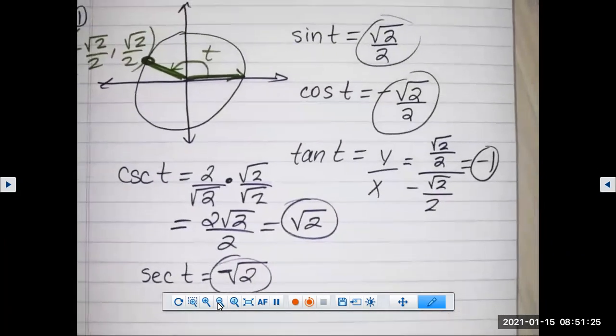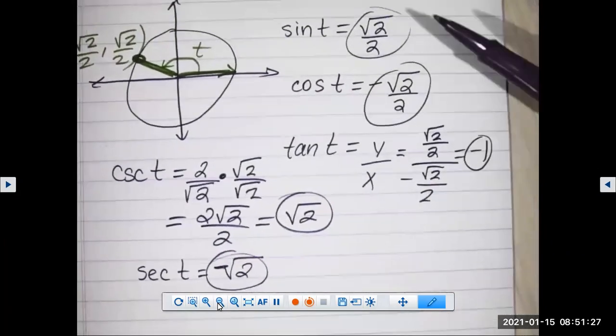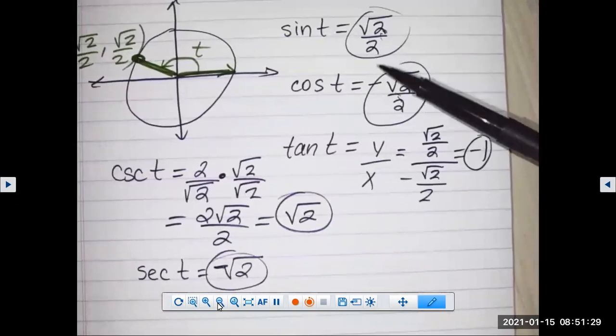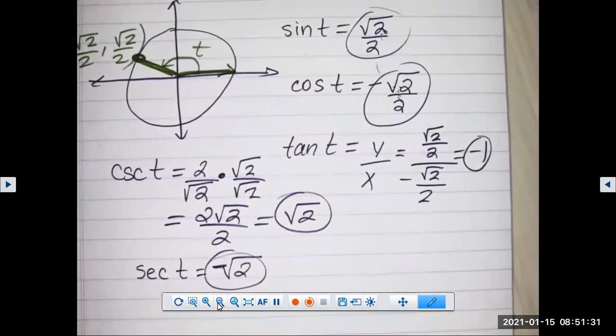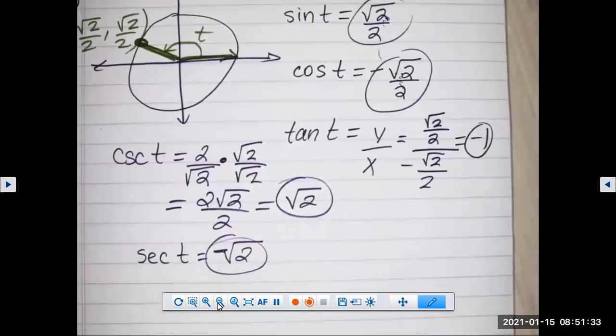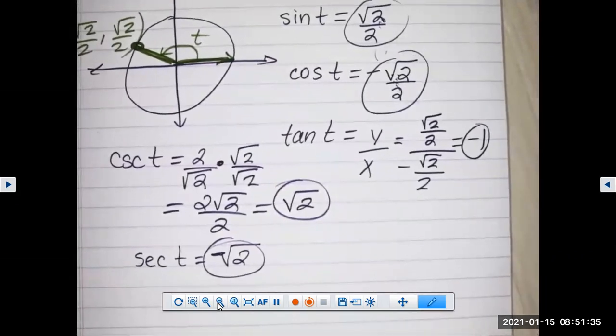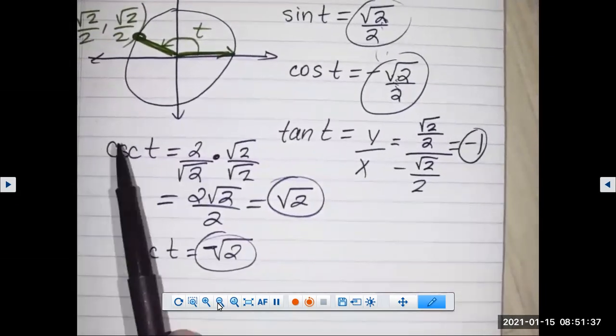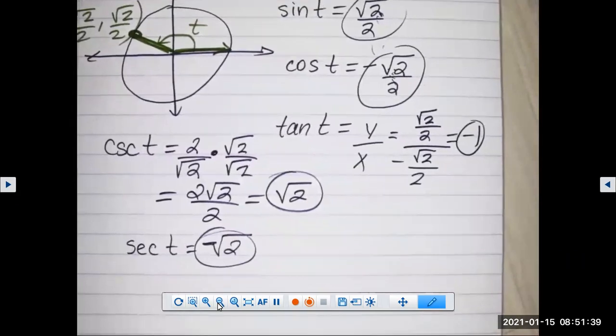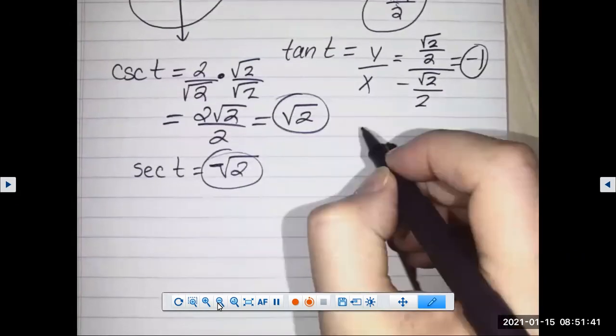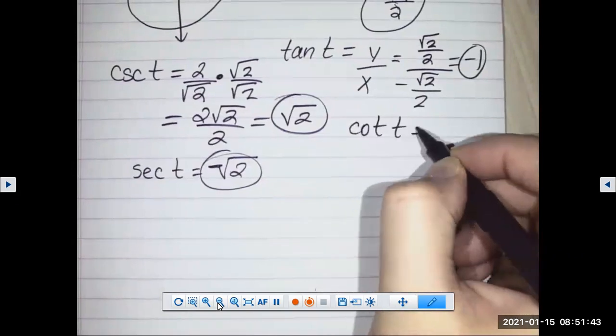Not always. In this case, they are. Notice how sine and cosine were both √2/2. This one was negative. So if that's the case, you can always assume the same thing for their inverses. All right, cotangent, if you flip -1, you get -1.